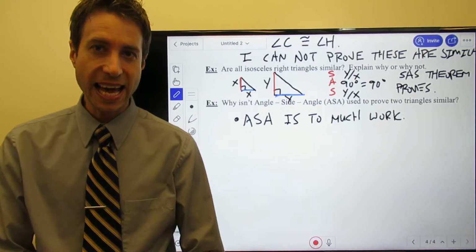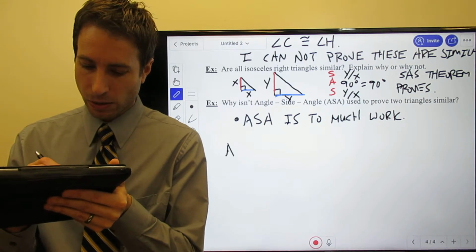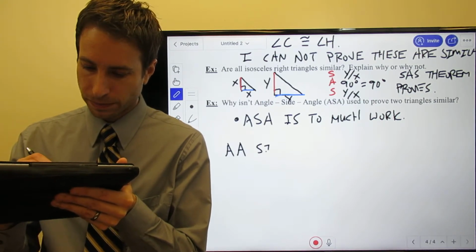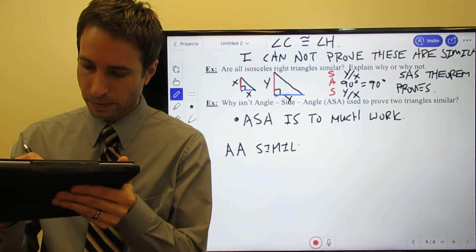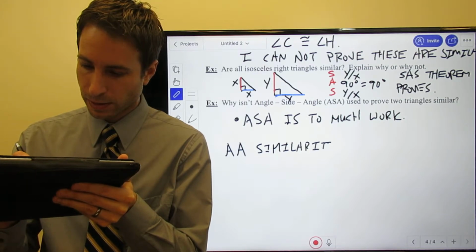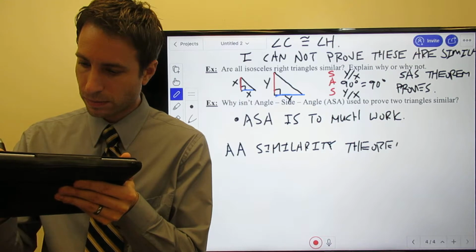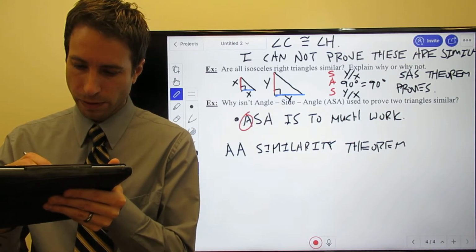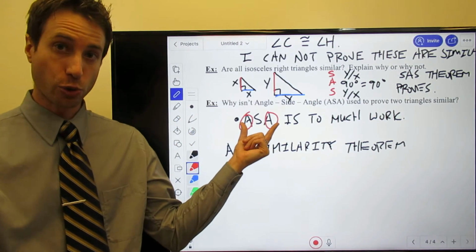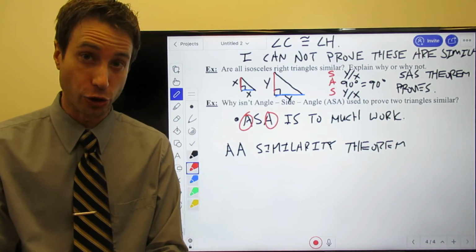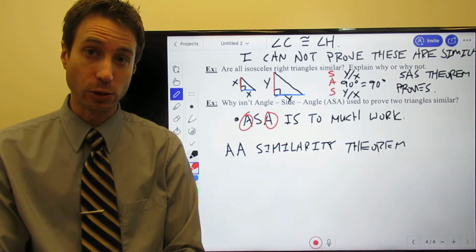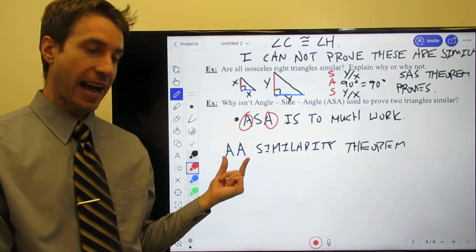We already said that we have an angle-angle similarity theorem. If you can prove that two corresponding angles are congruent in two different triangles, you know that's enough. Angle-angle.